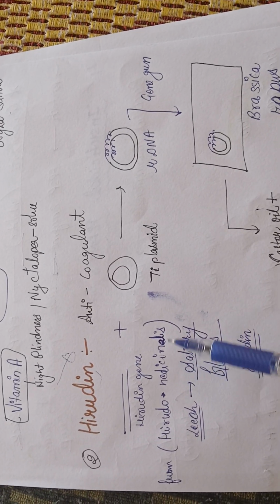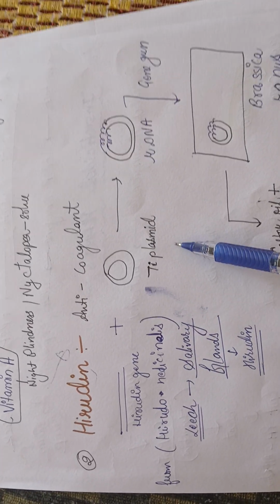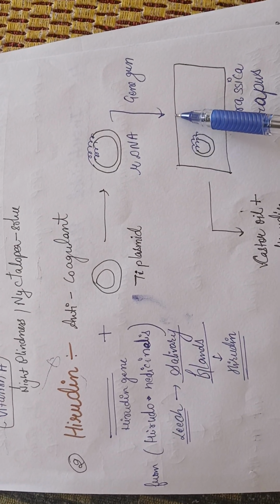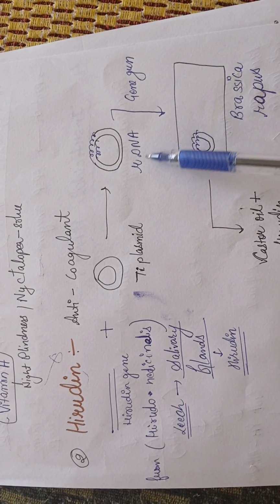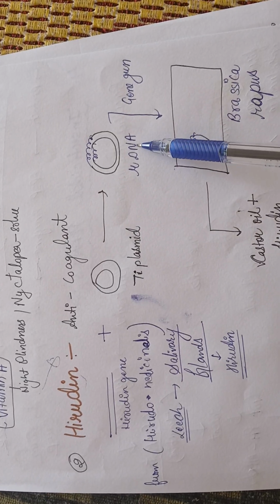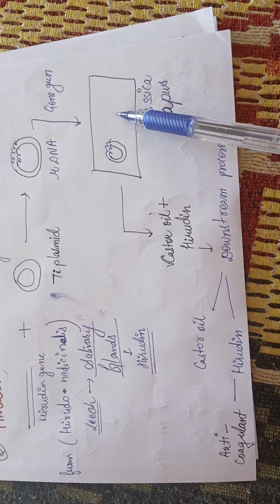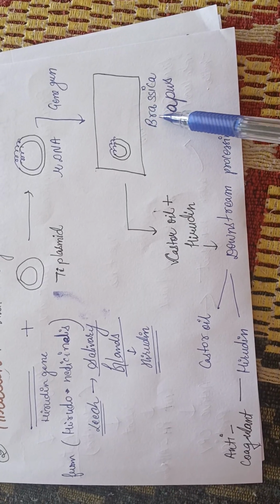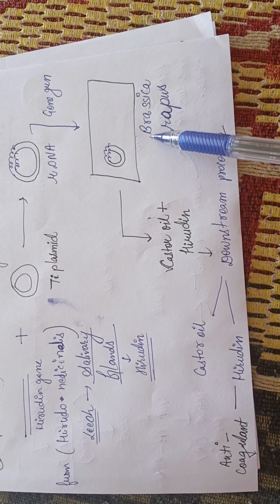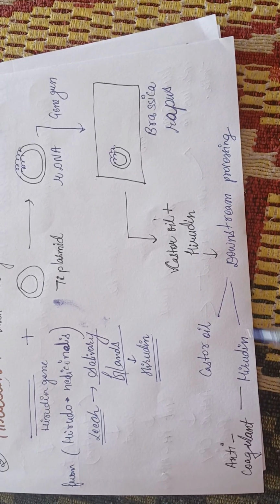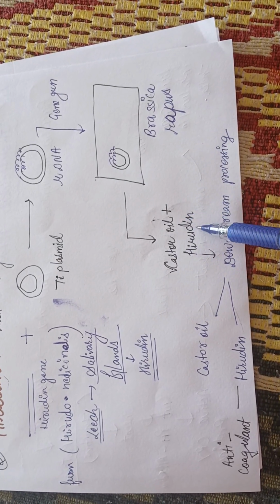We take the hirudin gene and the vector, the Ti plasmid, and we get recombinant DNA. With the help of the gene gun method we introduce this gene into another plant species, and we get the product Brassica napus, which yields castor oil and hirudin.